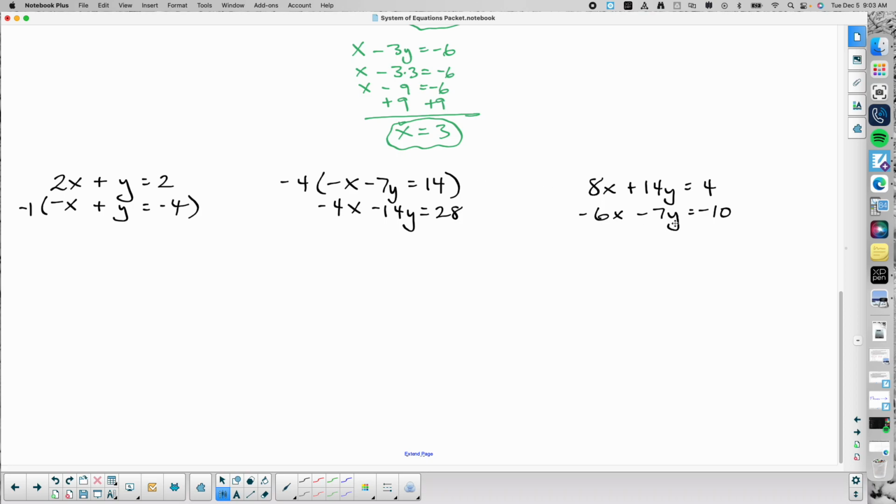Picking the y's would be easier because 14 and 7 are pretty close, and we can make that into a 14 easy. If we chose the x's, we would have to turn them both into 24. So multiply the bottom equation by what, Moa? 2. Way to help out. Multiply the bottom equation by 2, and then that'll make negative 14.